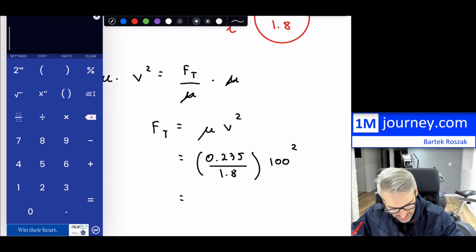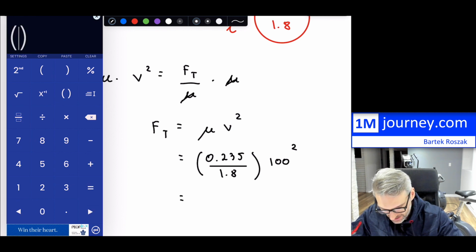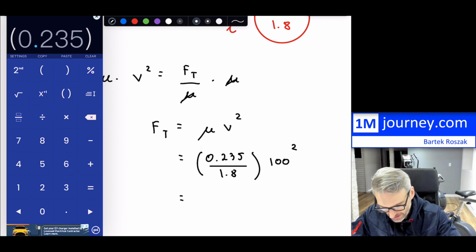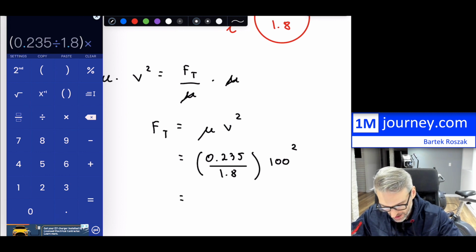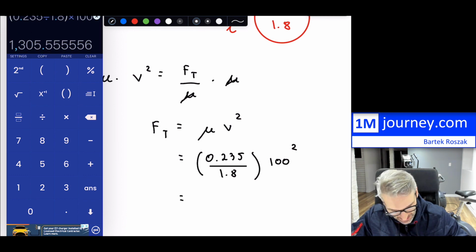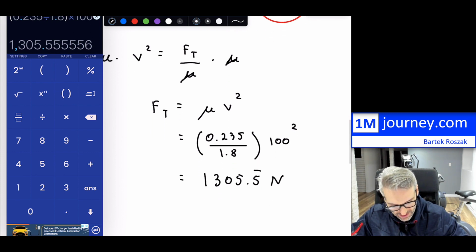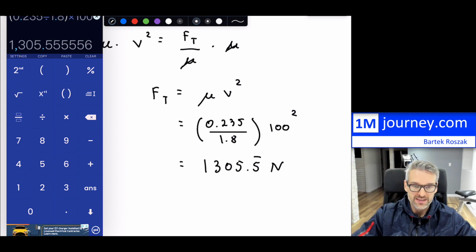So I put this in: 0.235 divided by 1.8, multiplied by 100 squared, so it's going to be rather big. And you get 1305.5555 and so on. This is repeating newtons, and you can round to whatever you like.